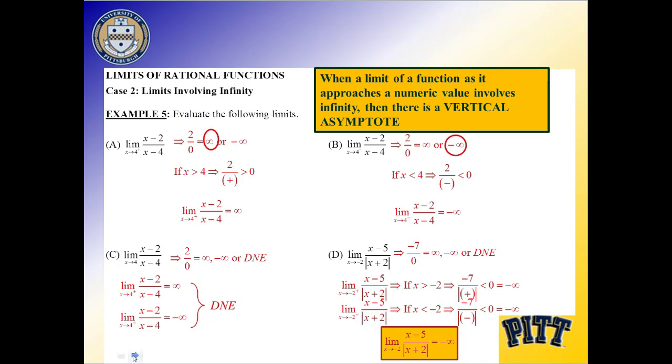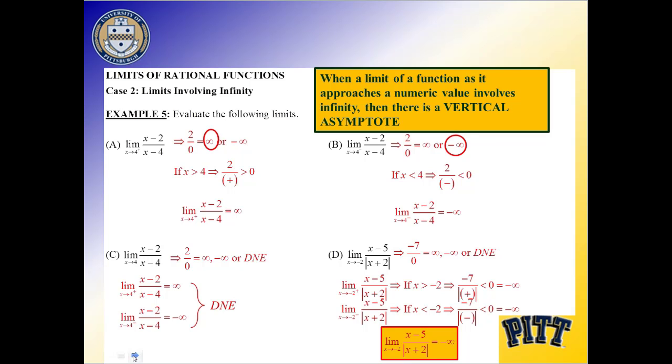And a domain restriction could either be a hole, which we would call a removable discontinuity, and that's because of the cancellation type thing. Or we also had a vertical asymptote, which is sometimes referred to in calculus as an infinite discontinuity because it's a discontinuity. You're going to have to break up the graph to account for that vertical asymptote, which does involve infinity.